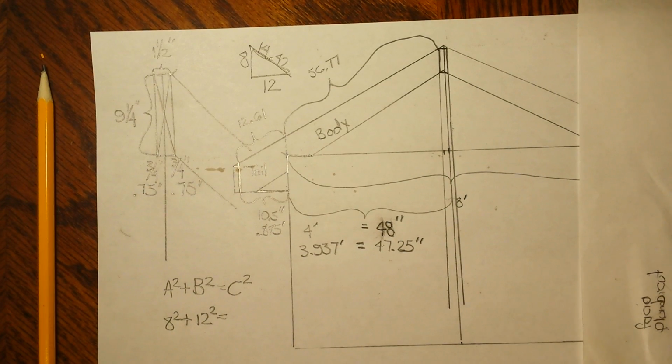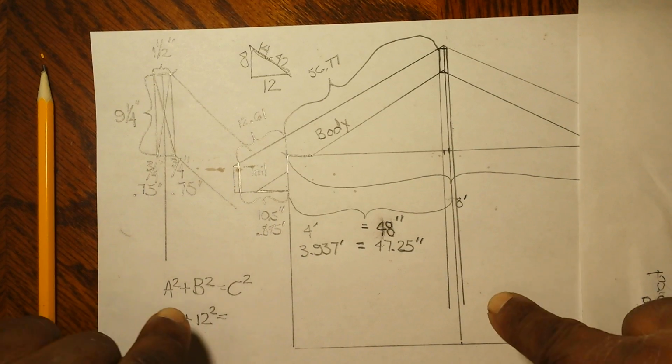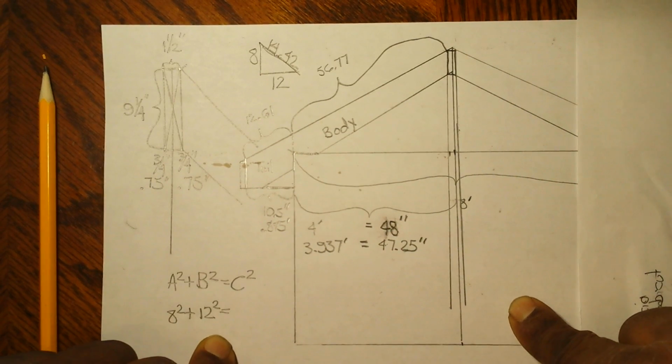But when you get really, really up into high level carpentry, those things won't really help you out too much, because you're going to run into things like overhangs that are 4 feet, 5 feet, 6 feet, 8 feet. And those books don't have charts for that kind of stuff. And that's where this kind of construction comes in.